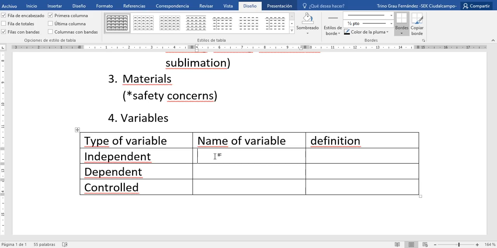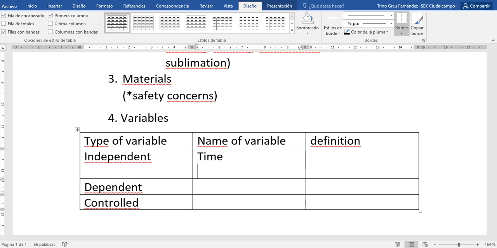So here normally what we change is the time. So time will be the independent variable most of the times. But in the experiment of melting, we also use another independent variable that will be the temperature. That would change the temperature.